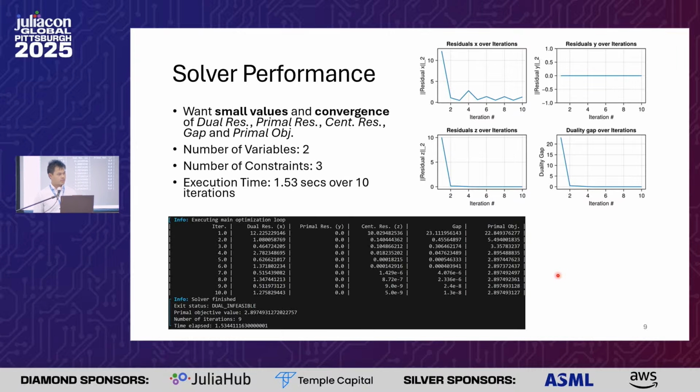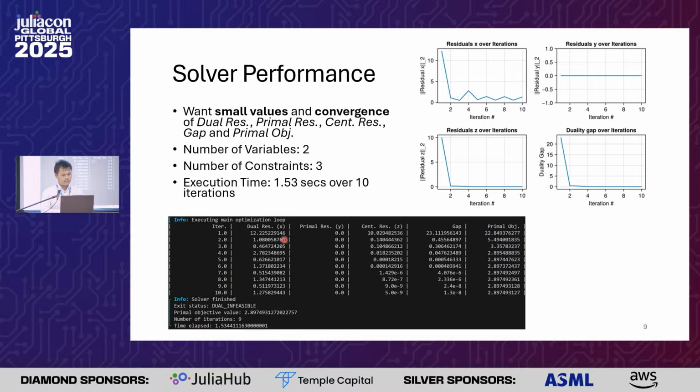Now the solver performance. When you're using any solver, you might get some console output that looks like this, in tabular form. In this case you've got dual residuals, primal residuals, the centrality, and the complementarity residuals. You've got this duality gap, which is the difference between the primal objective and the dual objective, and you've got the primal objective reported here.